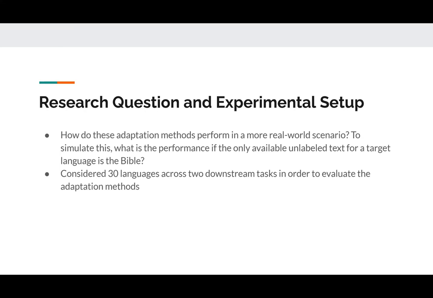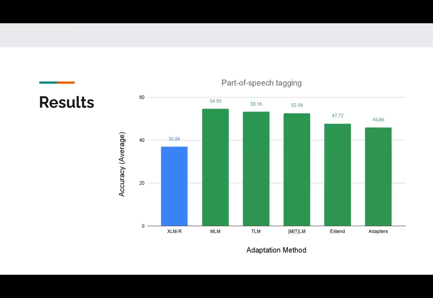Our experimental setup covered 30 languages, and we considered 2 tasks in order to evaluate the different methods. The first task was part of speech tagging, and all the adaptation methods improved performance. But we can see that the continued pre-training methods consistently outperformed vocabulary extension and adapters.